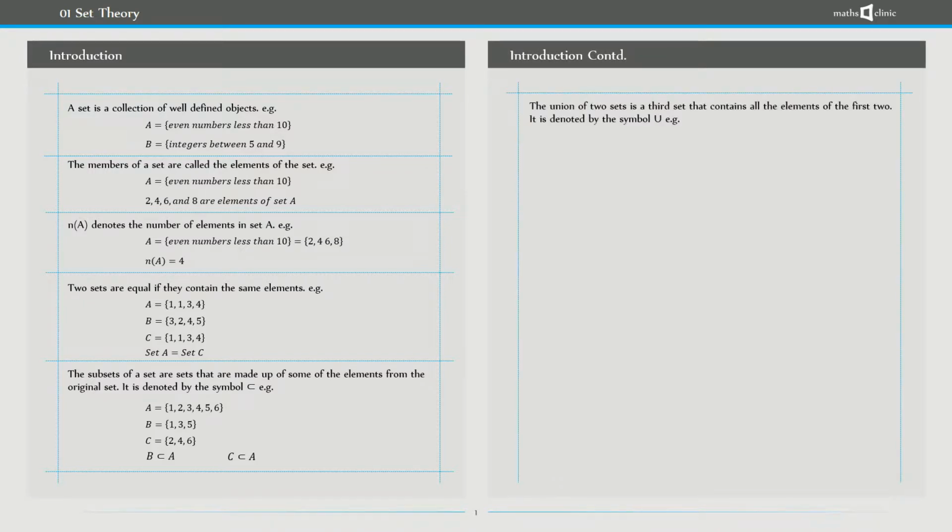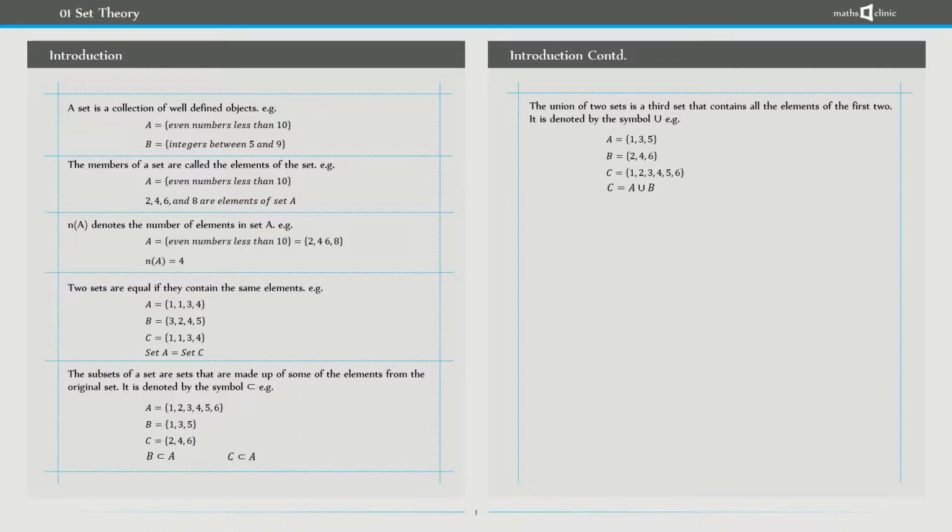Let's talk about the union of two sets now. The union of two sets is a third set that contains all the elements of the first two, and it's denoted by the symbol U. I believe that is pretty much self-explanatory, but if you have a set A that contains 1, 3, 5 as its elements, and a set B as 2, 4, 6, and you bring these two together, you'd form a new set, set C, which would have 1, 2, 3, 4, 5, and 6.